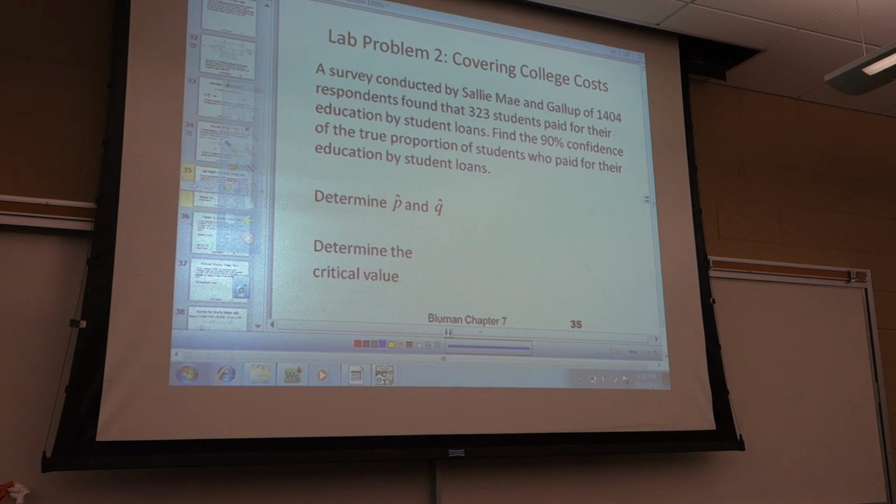Make sure your masks are on correctly. Your n will always be the biggest number because your p hat can't be more than 100%. So your n will always be the larger number.